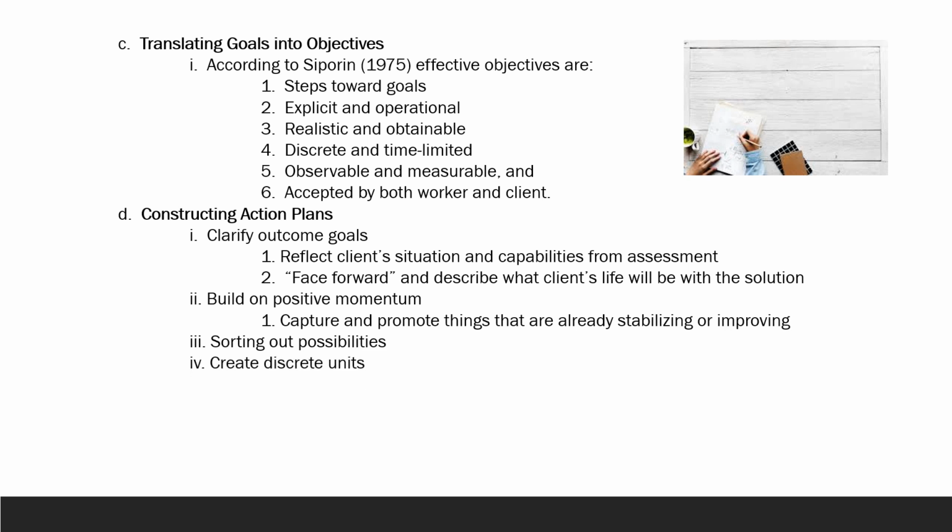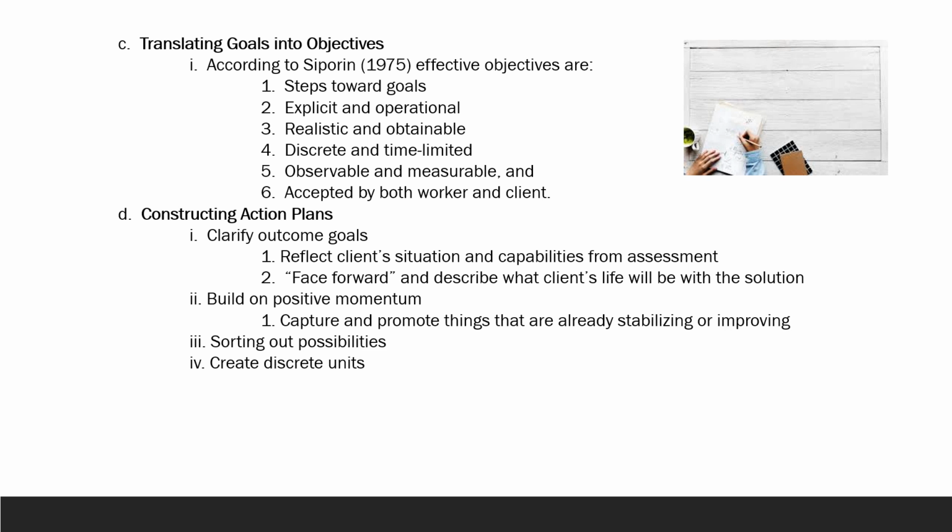Okay. Create discrete units. This goes very much with when we're talking about the objectives being concrete and observable. Discrete units, things that are manageable, things that can be understood and processed easily.